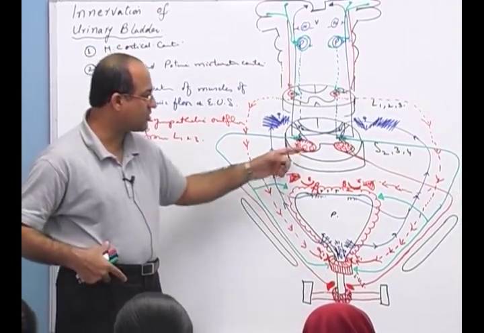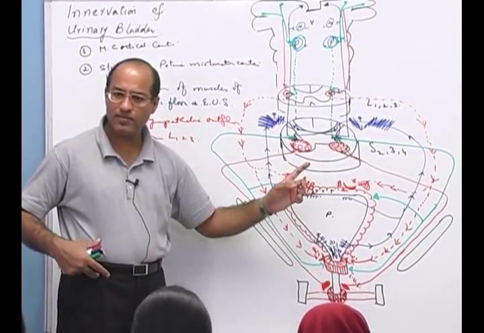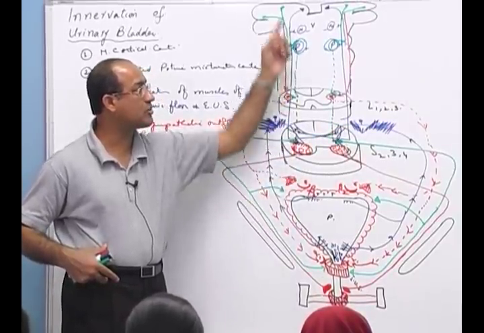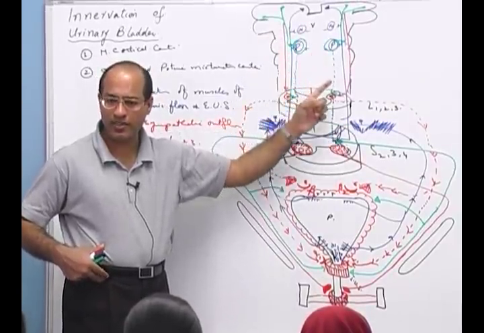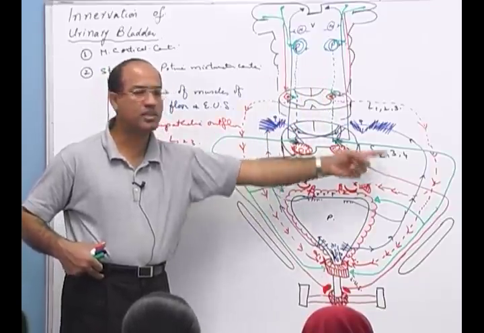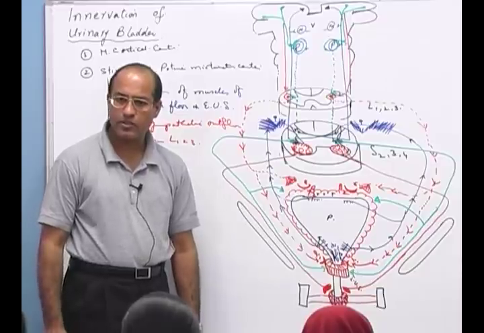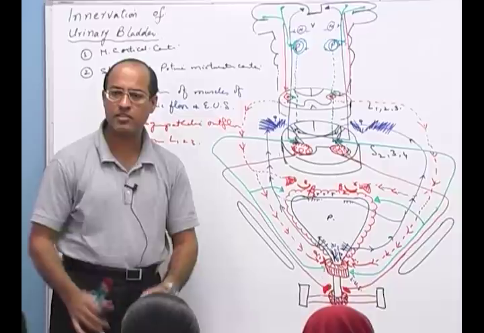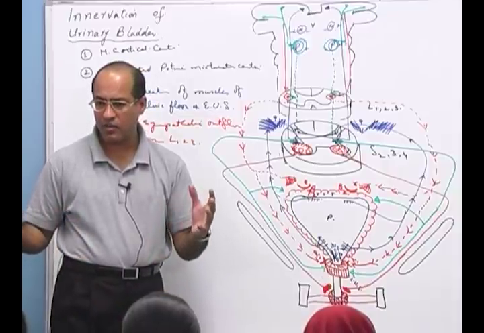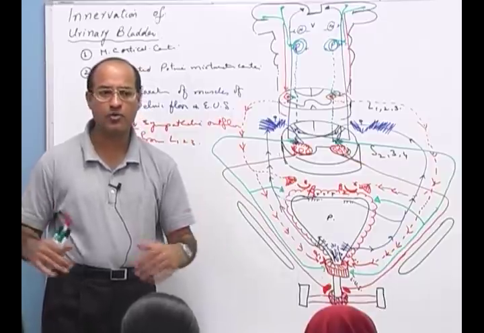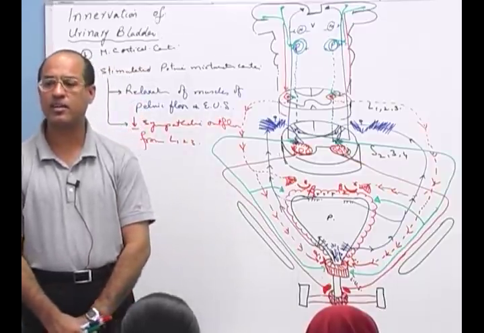Even though the motor system is there, will it work? No. Because if there is no sensory input going, naturally the central nervous system is not aware of the desire for voiding. In the same way, the sacral parasympathetic reflex cannot be activated. So this person will retain a large amount of urine, and over months and years the urinary bladder will become large, overfilled, thin-walled, and eventually overflow incontinence will occur.